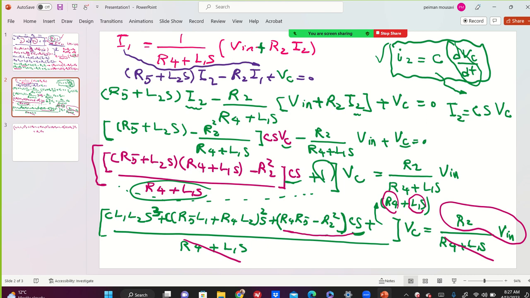Why do we have an R2 here? Oh, we have R2 because of this. Okay, I'm going to double check. So Vin is R2 I1. Yeah, that's right.